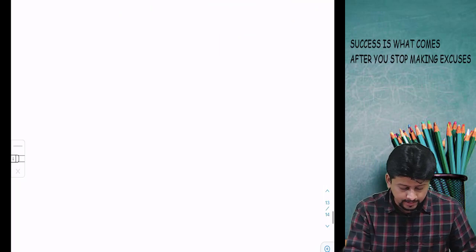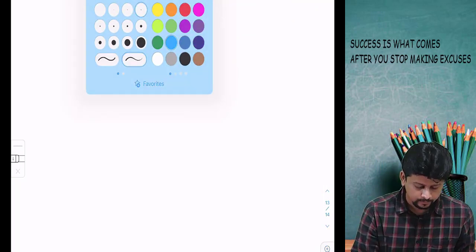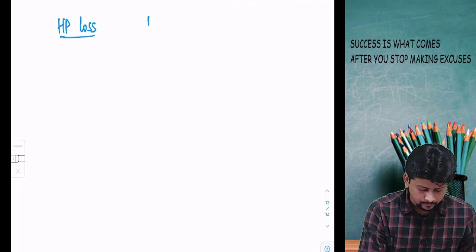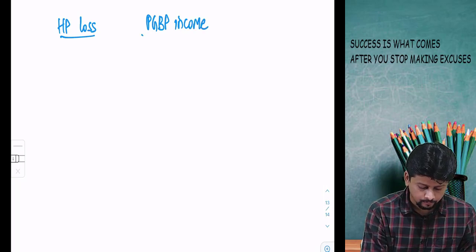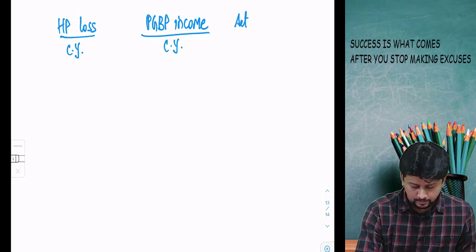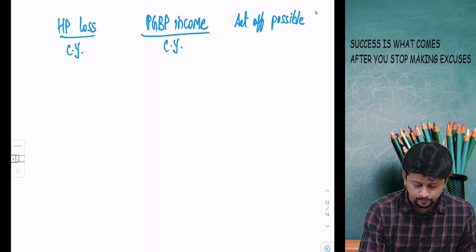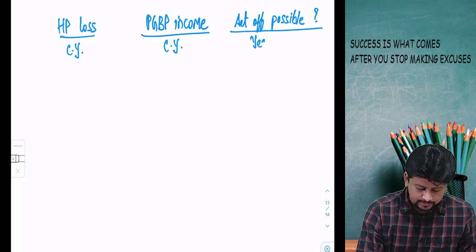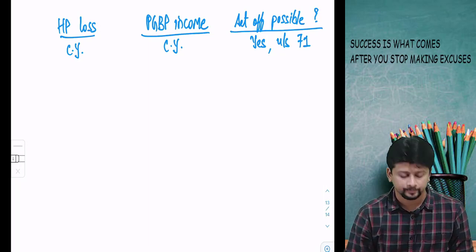What I am trying to explain to you guys is, look at it like this: house property loss and PGBP income. If house property loss is of the current year and PGBP income is of the current year, both profits and losses are of the current year, then my question, is the set off possible? The answer is yes, it is possible under section number 71, inter-head adjustment.